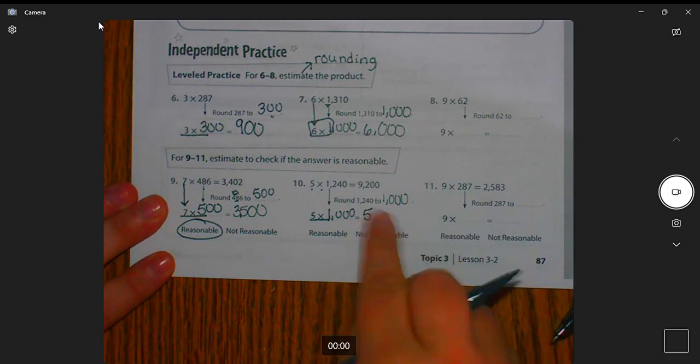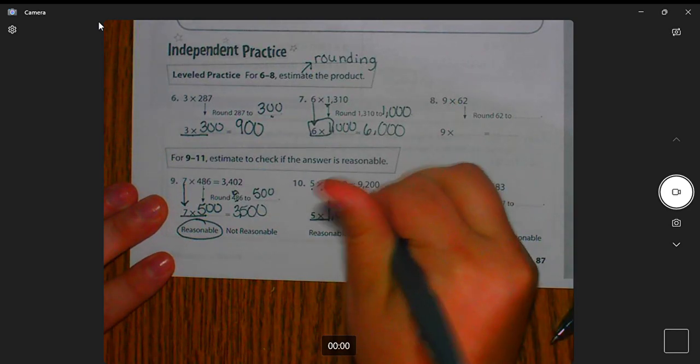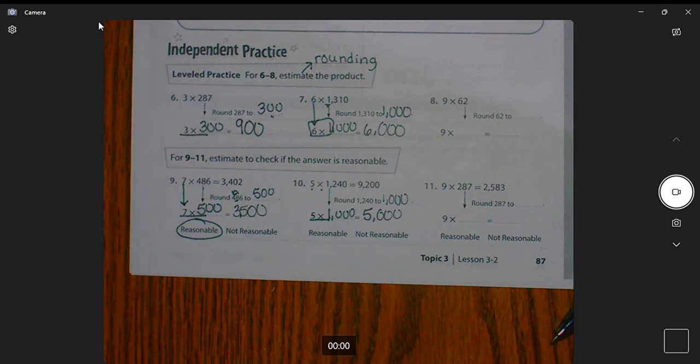I multiplied by thousands, so I have 3 zeros left. 9,200, 5,000. Is my estimate reasonable or not reasonable?